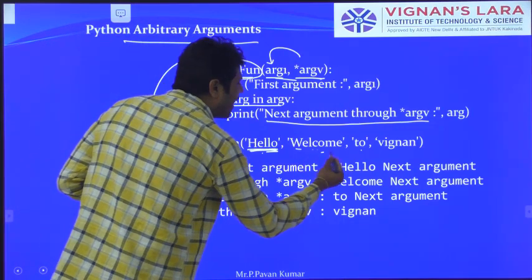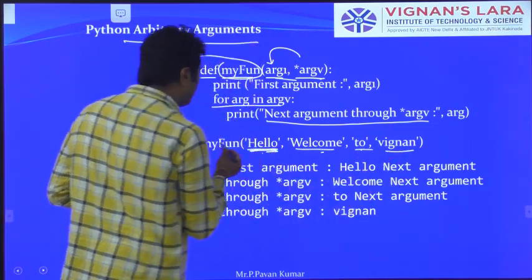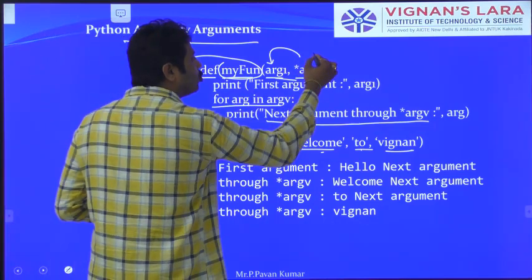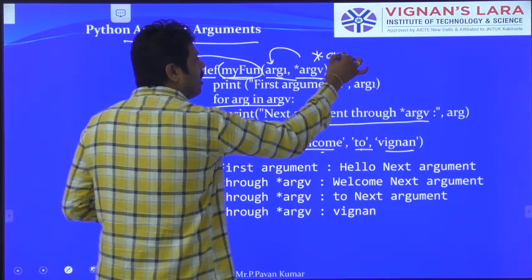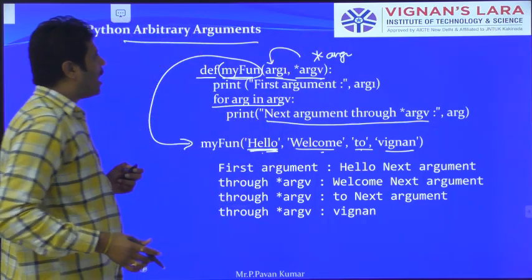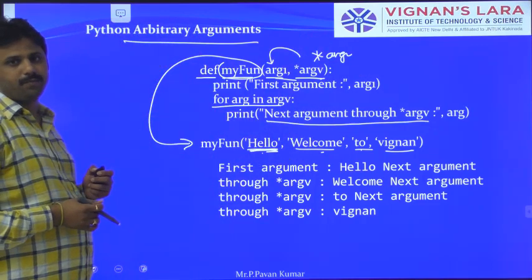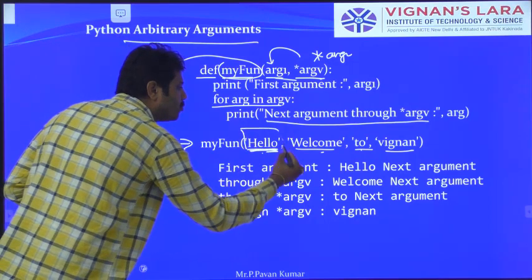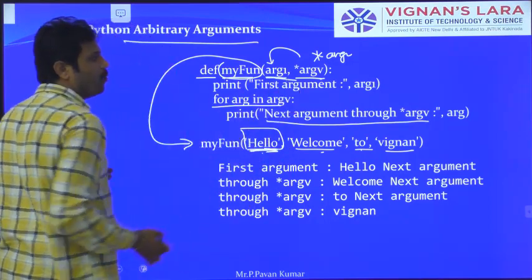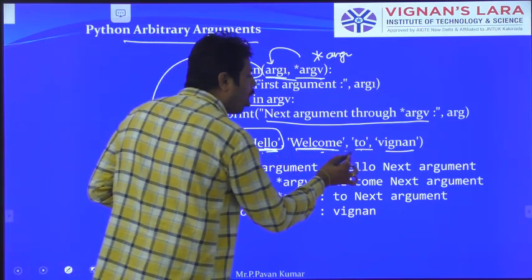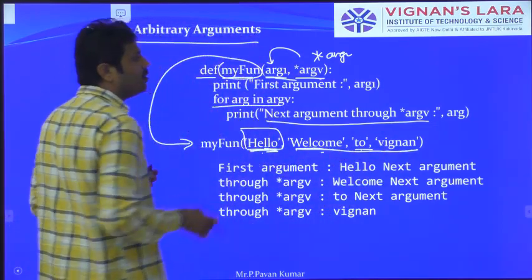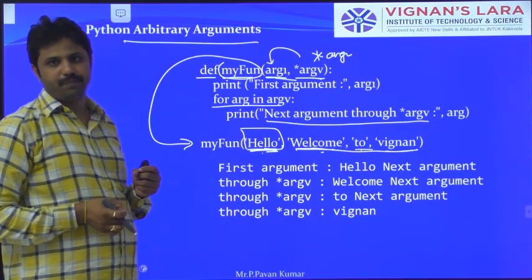Next, the remaining arguments we pass in that function are going to be passed to the arbitrary argument. That means here hello is moved to arg1 and all the remaining inputs are passed to star argb.